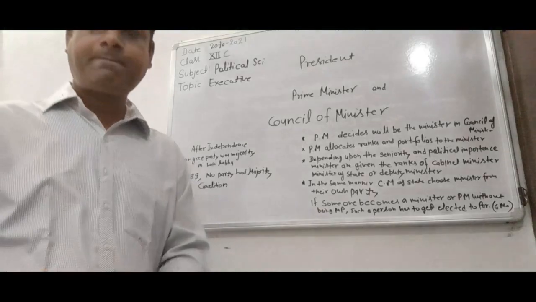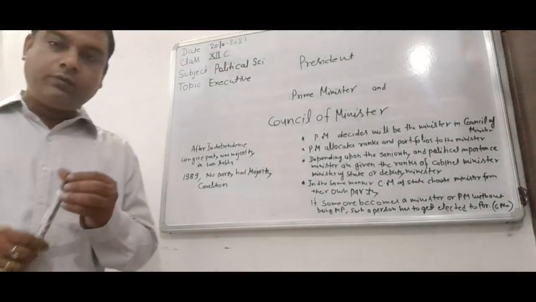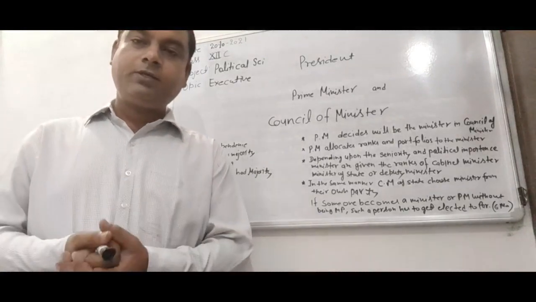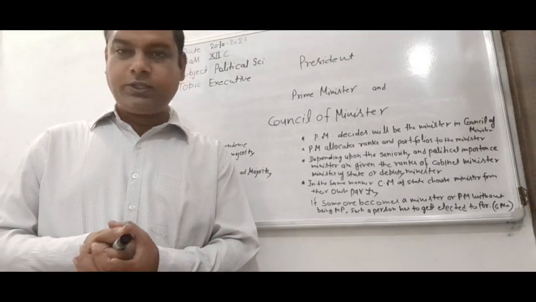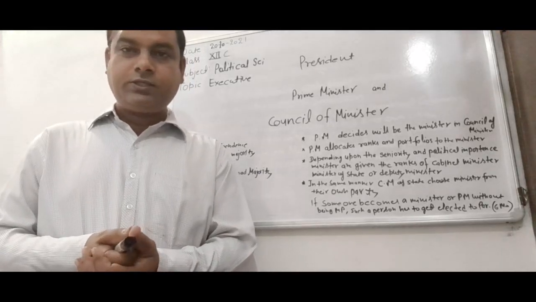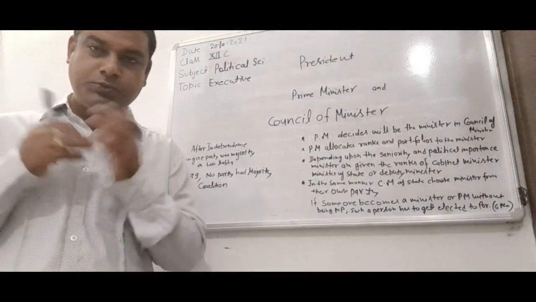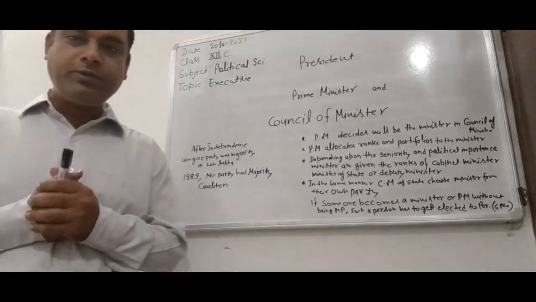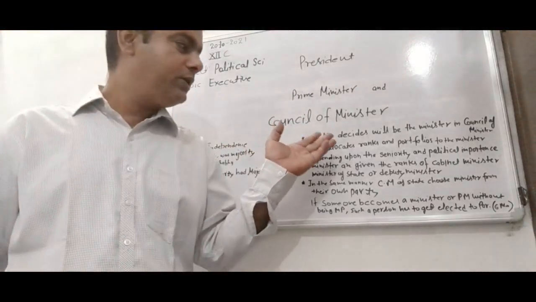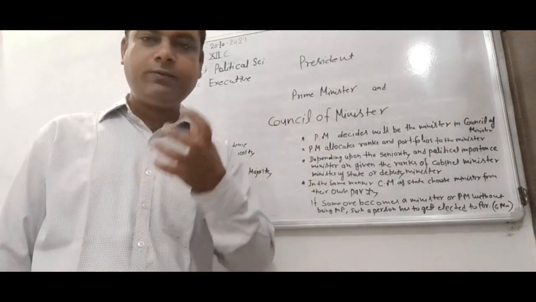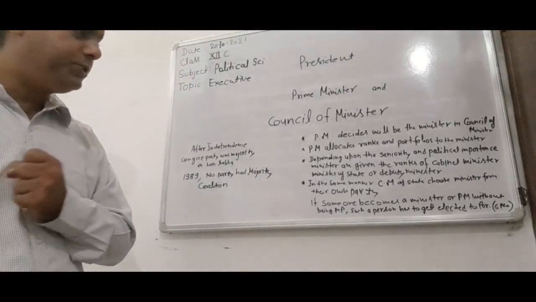Class, when the Prime Minister takes the oath, he gives recommendations and chooses ministers from his own party, and the PM decides who will be the members of the Council of Ministers.